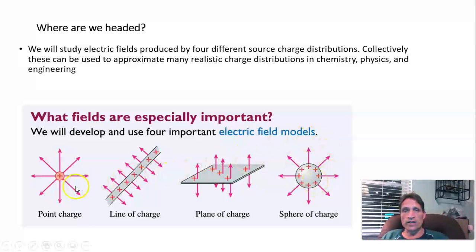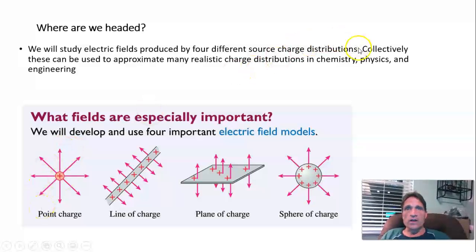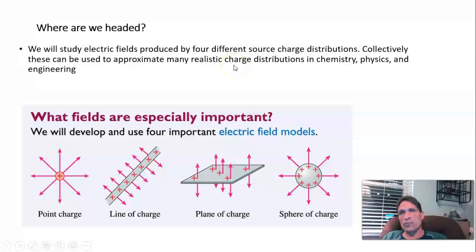So we're going to be looking at these four cases, more so this first one today. These four can be used to model many realistic charge distributions in chemistry, physics, and engineering.